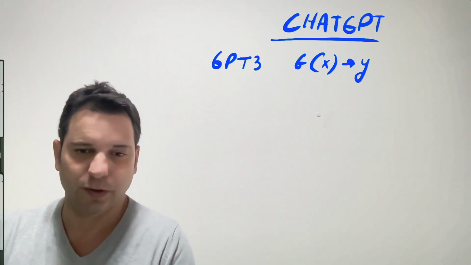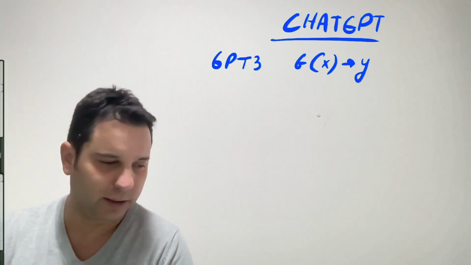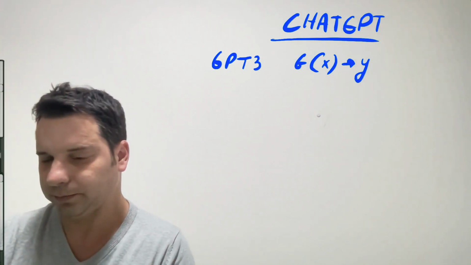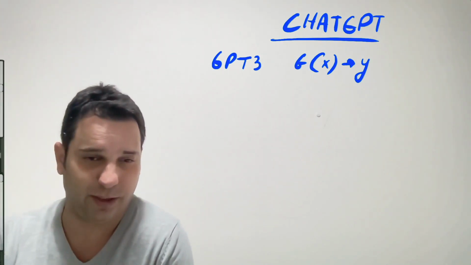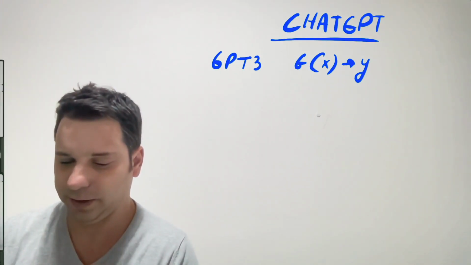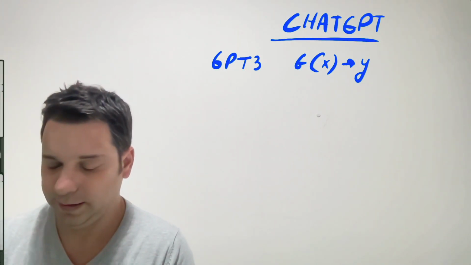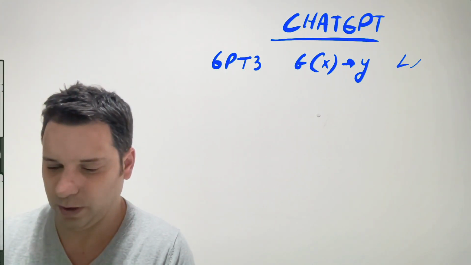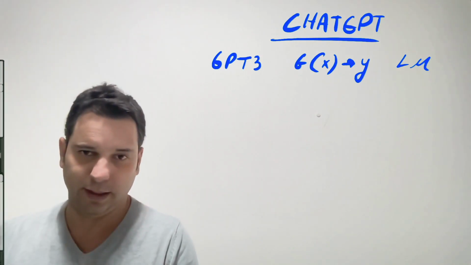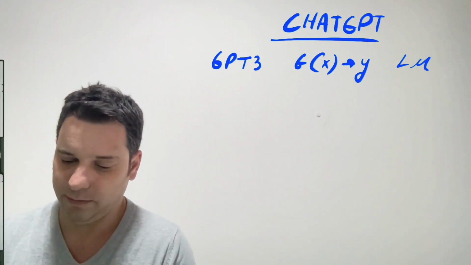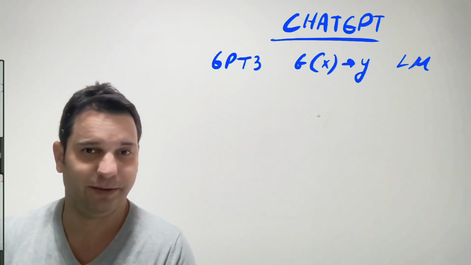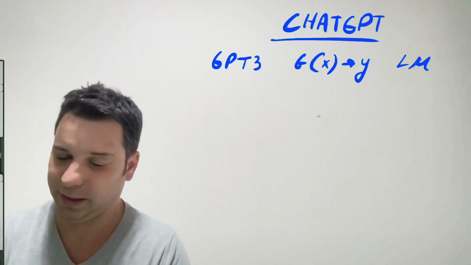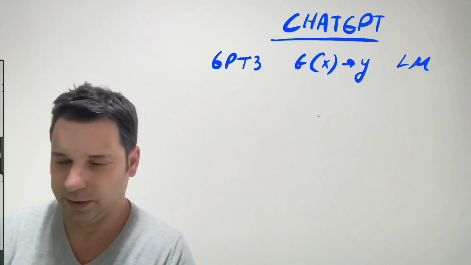This model was trained on publicly available data. It could be the internet crawl, Wikipedia, books. You can train it on every kind of data that you want. Basically, this is a language model, which means that it can create text which is reasonable, grammatically correct, etc. So that's where you start.